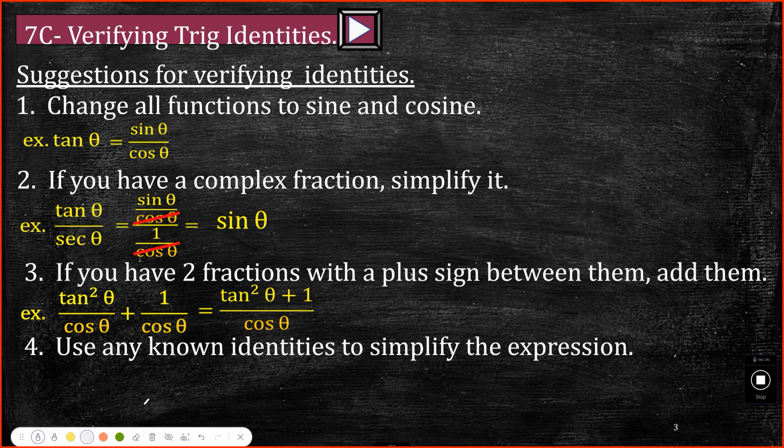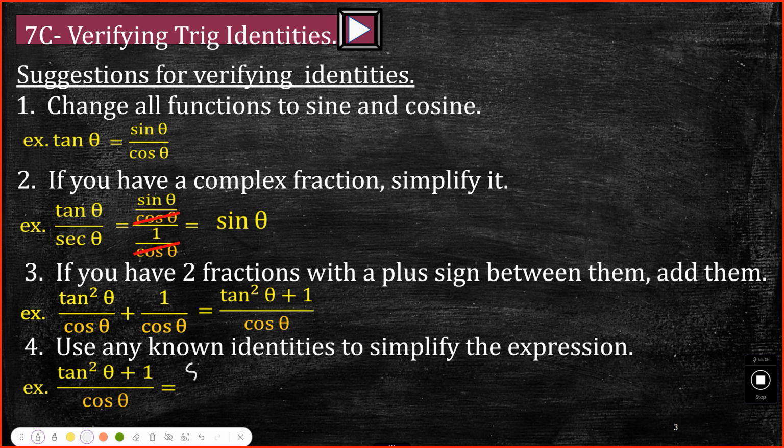Use any known identities to simplify the expression. So we have this now. Bring that down that we had over there. Now what do we do here? Well, I already wrote it down. I said tangent squared theta plus 1 is secant squared theta.